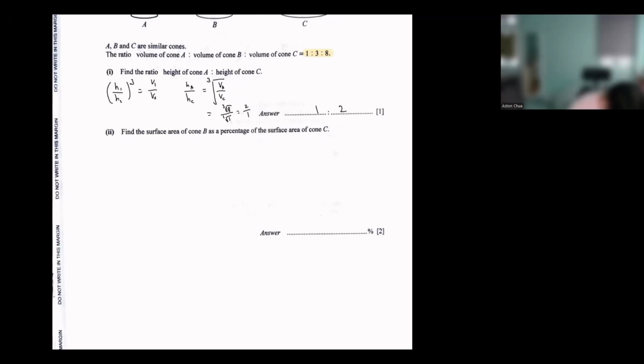We know that HB over HC, when you square it, will give us their ratio of surface area.